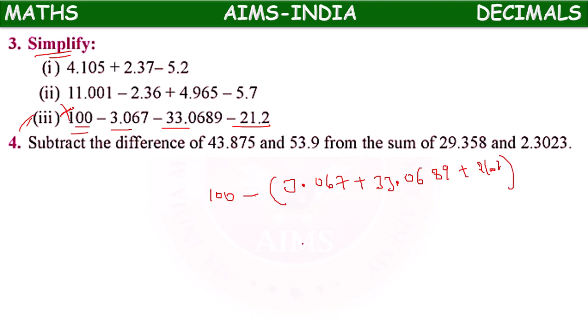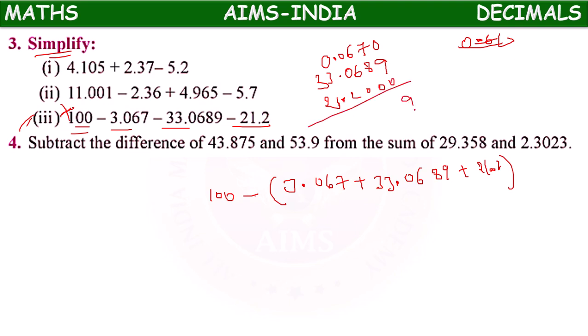So first we have to add all this. So here 0.067, 33.0689, 4 decimal places, 1 zero we can keep here, 21.2, remaining all zeros we can keep.